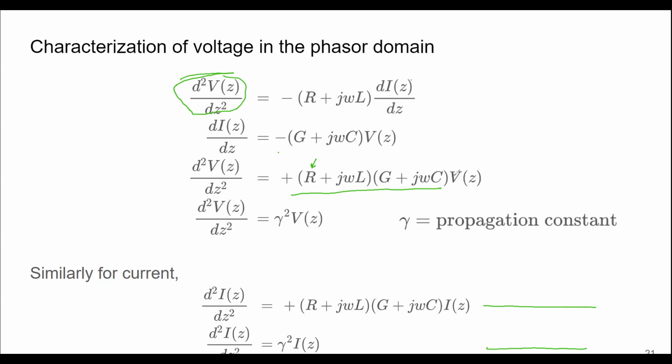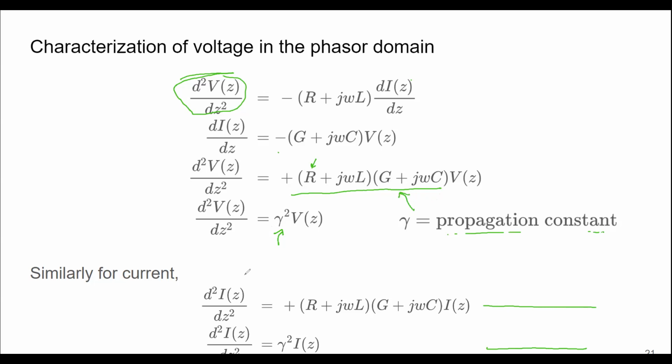So they are denoted using a constant known as the propagation constant, right? This parameter is necessary for us to understand how the wave is propagating and how much phase shift there is of the wave per unit length. Those are defined by this propagation constant, which is defined by R plus j omega L into G plus j omega C.